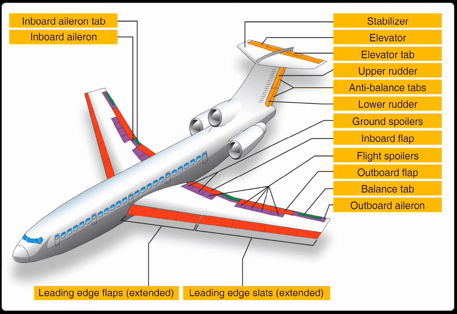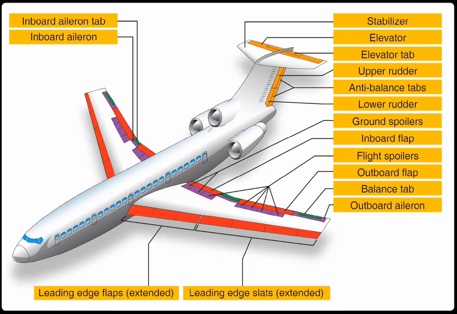What is a balance tab? Fixed linkage: when the primary control surface is moved, the tab moves in the opposite direction. Servo tab also moves in the opposite direction of the control surface, but it's adjustable from the cockpit.